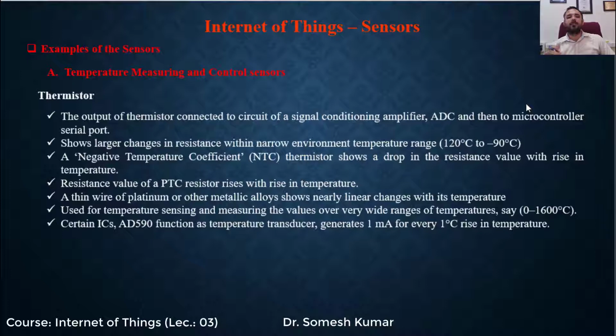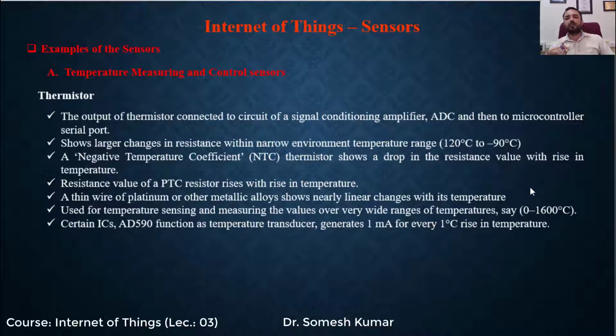The thermistor works on the thermal principle, the change in resistance as per the temperature. These thermistors show larger changes in resistance within a narrow environment temperature range of 120 degrees Celsius to minus 90 degrees Celsius.